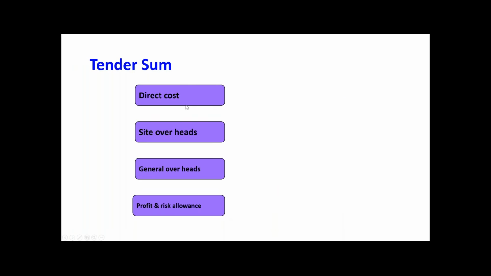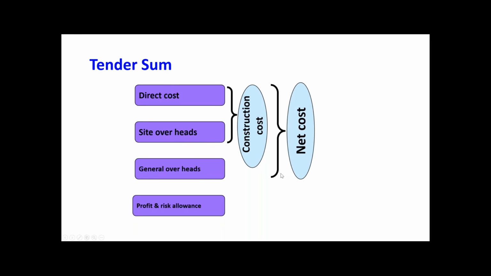And further, if you see these two, we have learned them as construction cost. With this direct cost and the site overhead and the general overhead, still that is cost. The profit is here. Even the general overhead is also cost. Site overhead also cost. So that's sometimes called net cost.